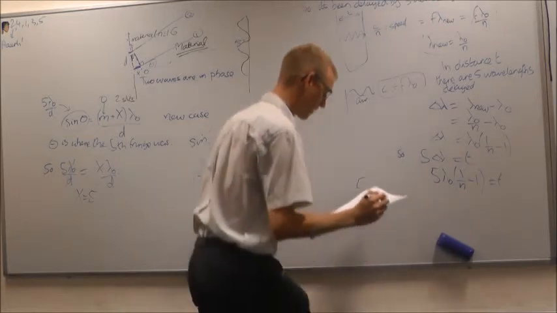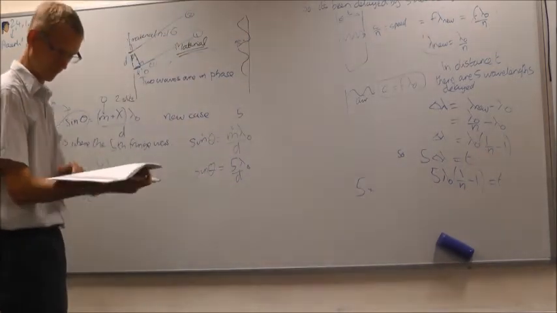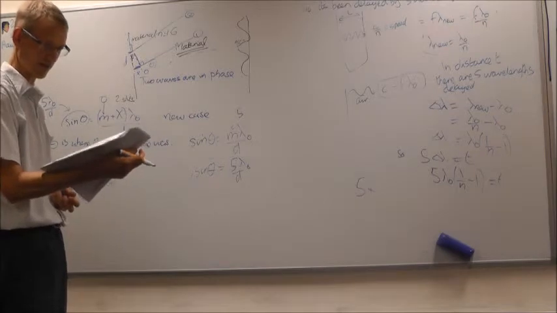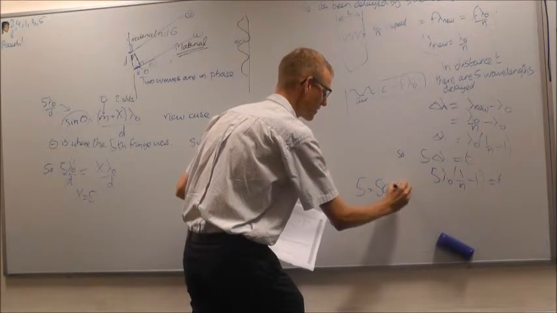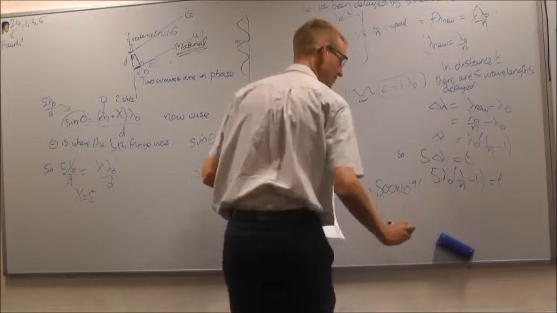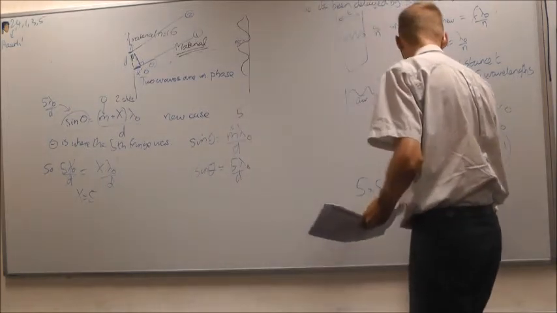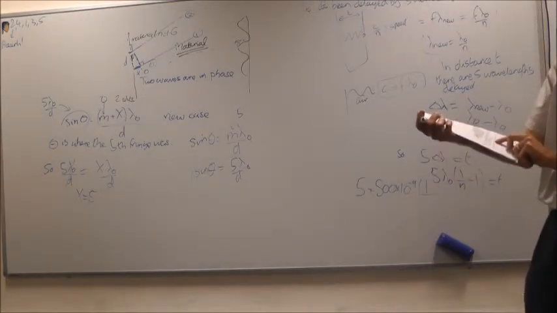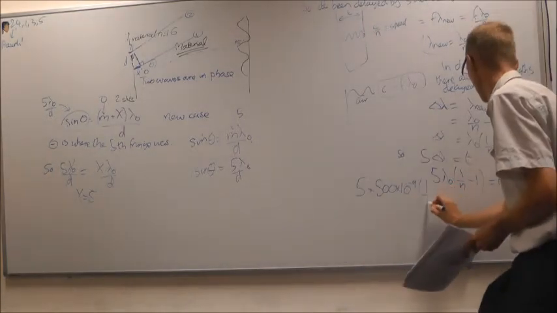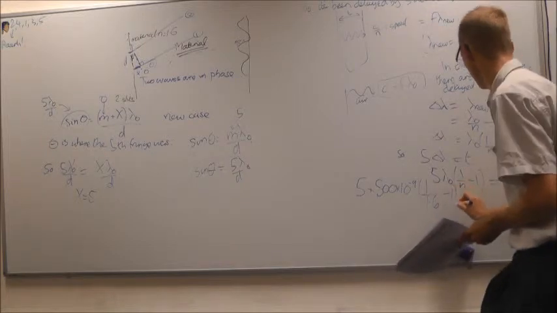5 times the old wavelength. I think we're given that, aren't we? All the way at the beginning, 500 nanometers. 500 times 10 to the minus 9 times (1 over, is it 1.6 from memory? 1.6, take 1).